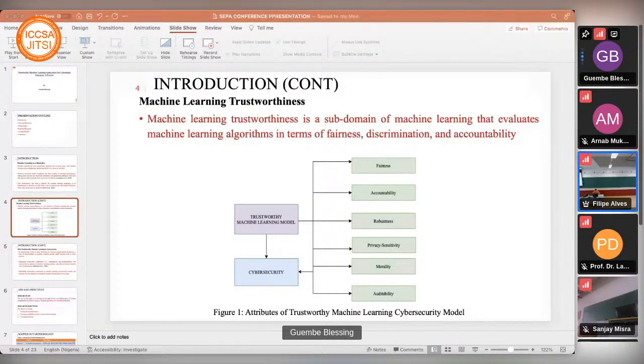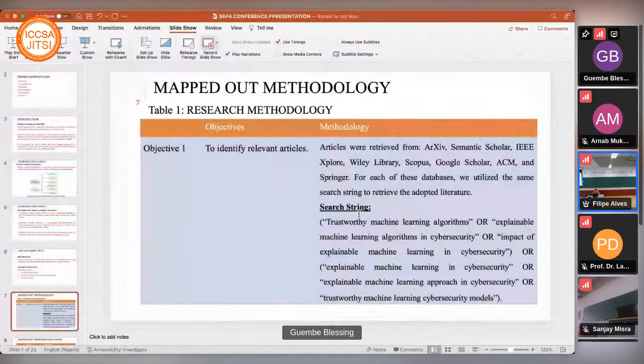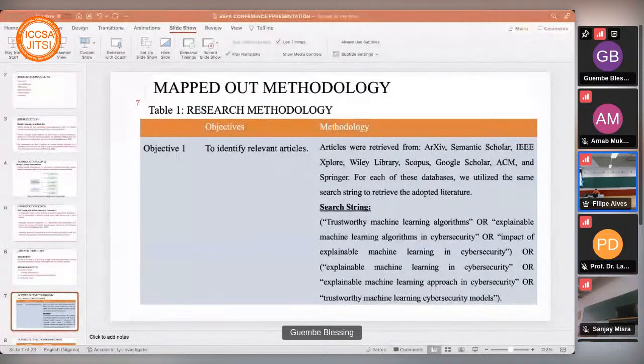Sorry, Wembe. Go to the presentation mode. If not, you just see the introduction part. Click on the button at the bottom of your computer. You have the presentation mode. Click on it, and it's easier for us to follow. All right. On the bottom of PowerPoint, you have the presentation mode. Click on that, please.